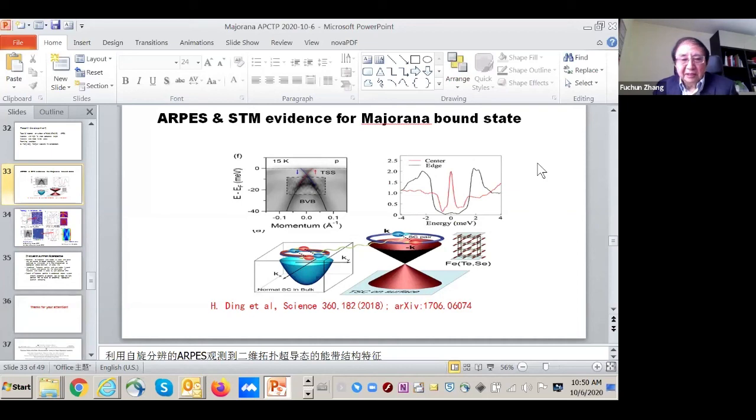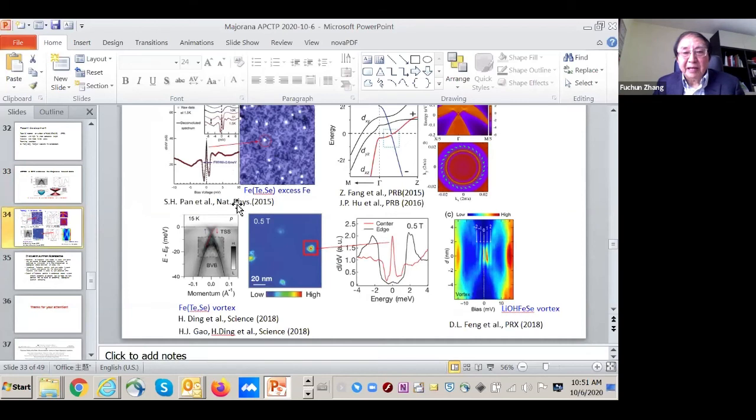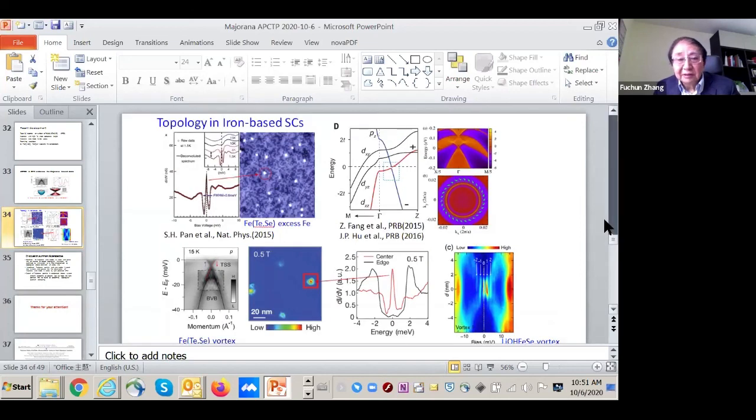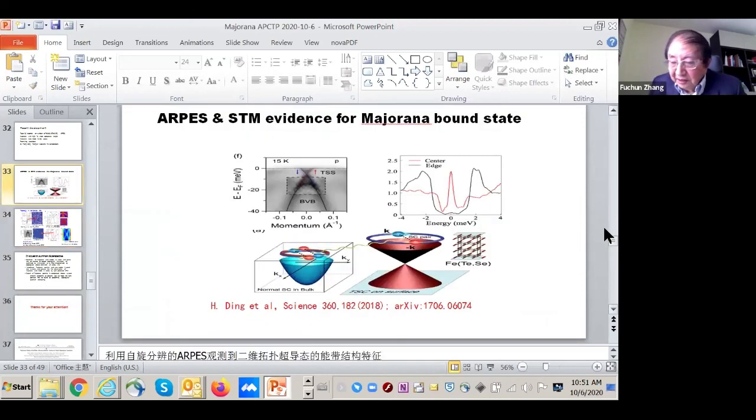Some theorists' band calculations suggest that there's some band inversion, suggesting the possible topological nature of the iron-based superconductor.